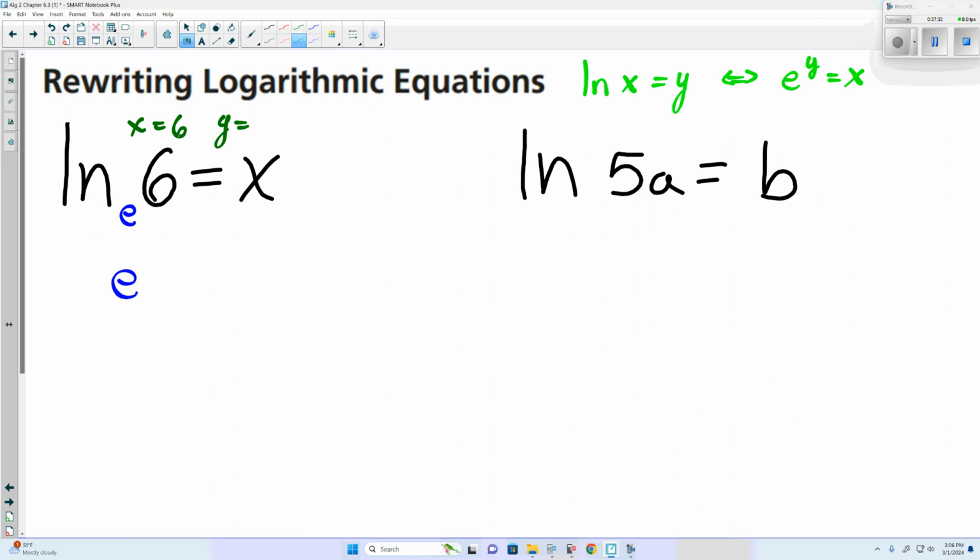Our y, which is outside, is our x. So when we rewrite this in exponential form, e to the y equals x, giving us e to the x is equal to 6. This behaves almost exactly the same as our logarithms, except our base is always e.